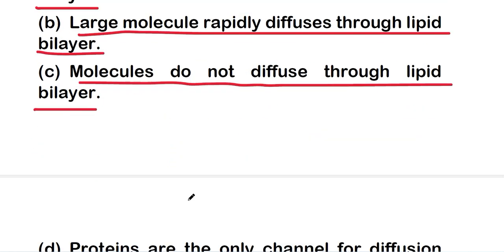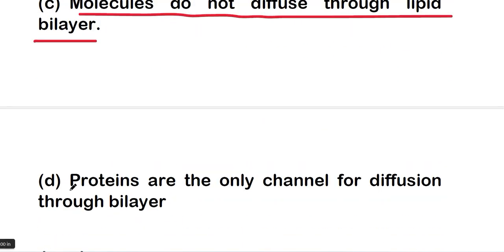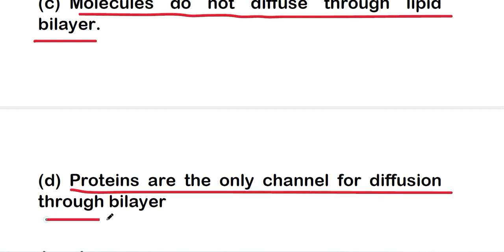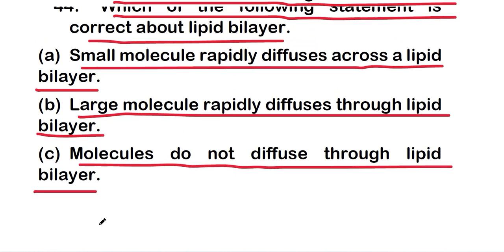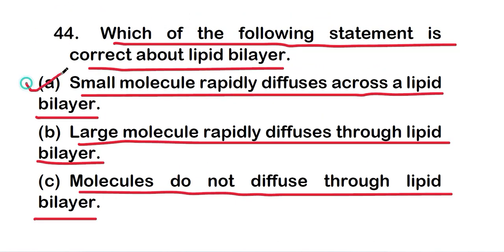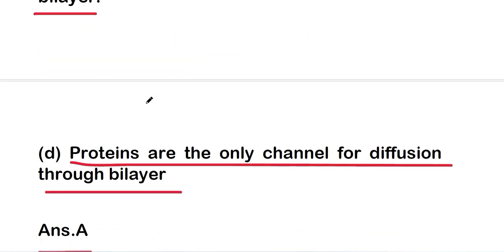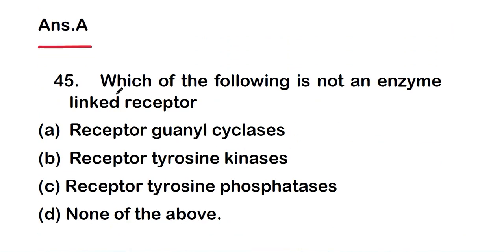Or option D, phospholipids are the only channel for diffusion through the bilayer. And the right answer is option A, that is small molecules rapidly diffuse across a lipid bilayer. So this is the correct answer about the lipid bilayer. Okay, so let's move on to the next question, that is question number 45.